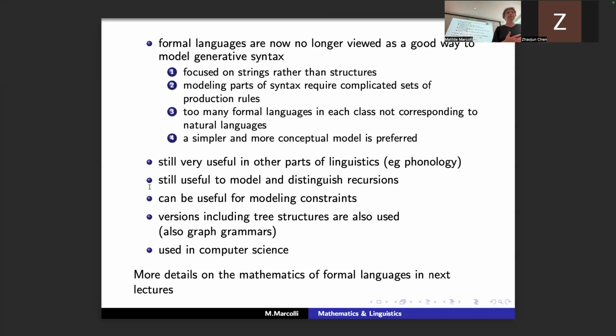So you can partly correct it. There are also graph grammars, where instead of looking at strings, you look at more complicated combinatorial objects like trees and graphs. So this can to some extent be corrected, but another problem is that these things capture an enormous number of other things that are not similar to human languages. Also, when you try to explicitly model some aspects of the actual syntax of a language, like English, in terms of a formal language, you have to write out a lot of production rules.